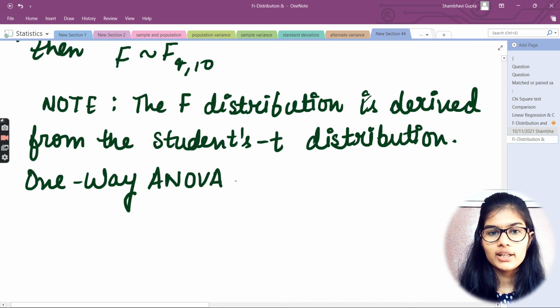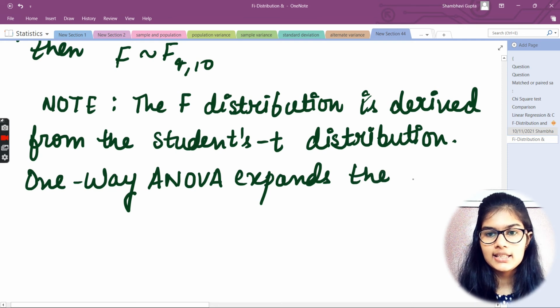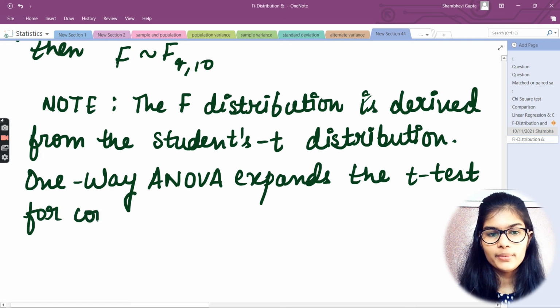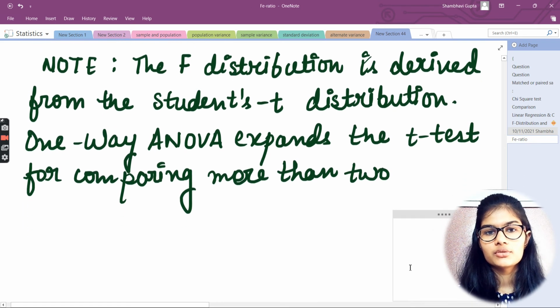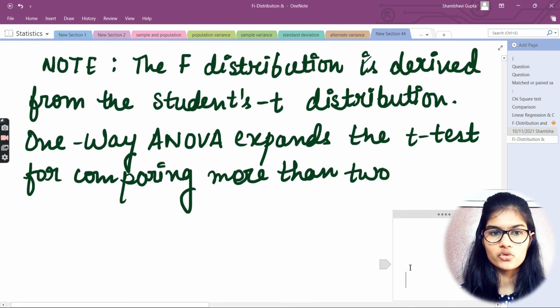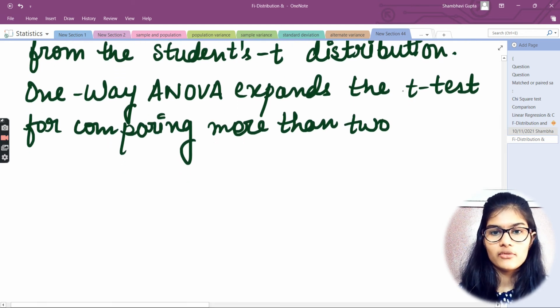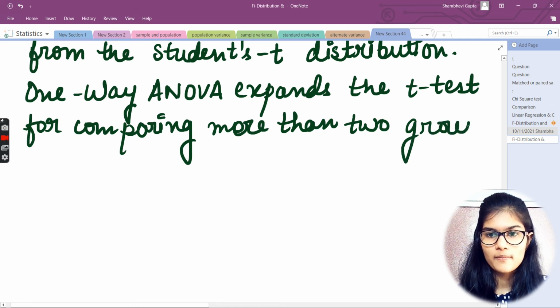One-way ANOVA expands the t-test for comparing more than two groups. So the F distribution is derived from the Student's t distribution, and one-way ANOVA expands the t-test for comparing more than two groups. Right, what's the scope?